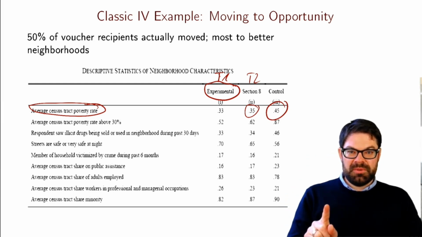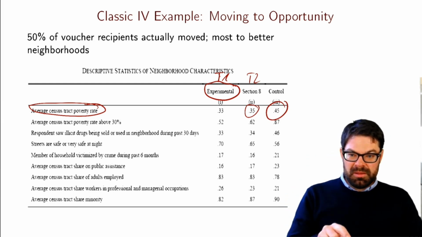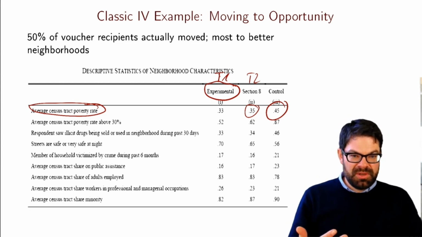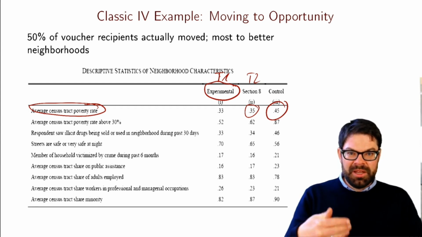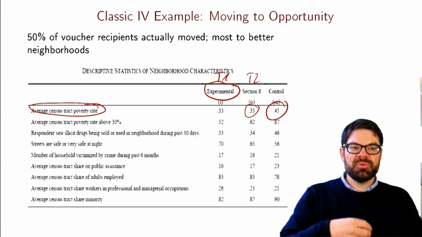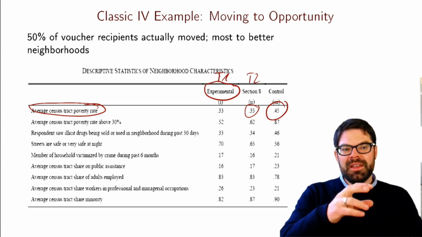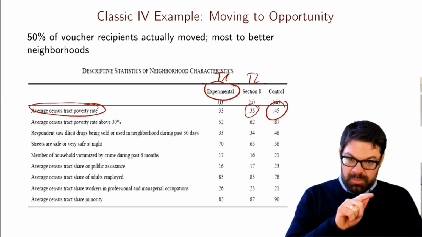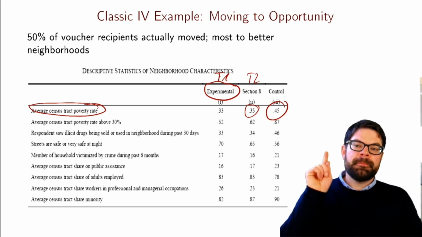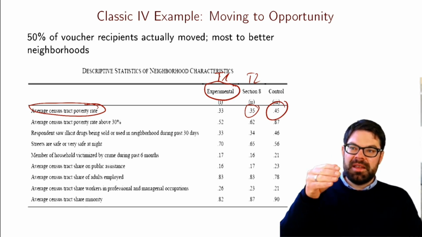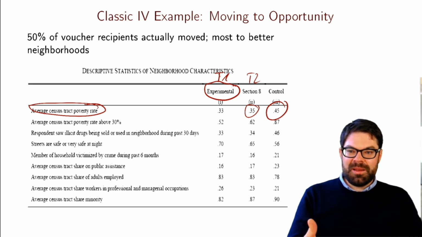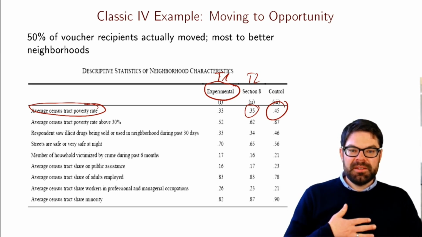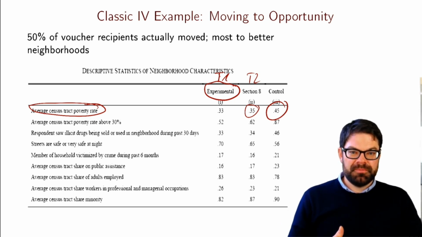That's one policy question. But I might not be able to do this as a government for ethical reasons, but it might still be an important question. It's like, how much better would those people be off if they just moved to a better neighborhood? That's one question. The other policy question is, as a government or a local council, how effective are those vouchers?